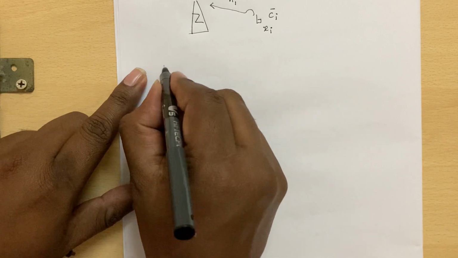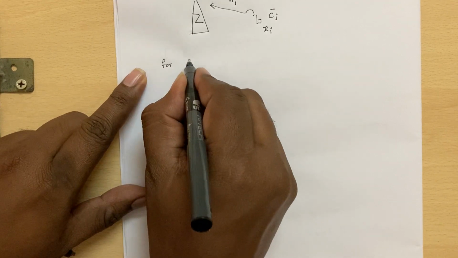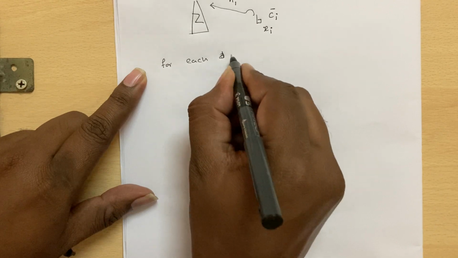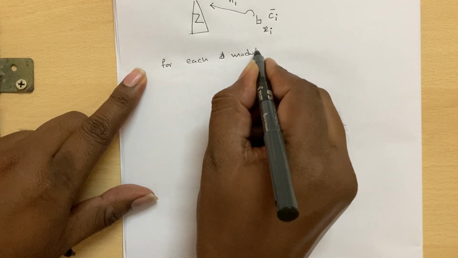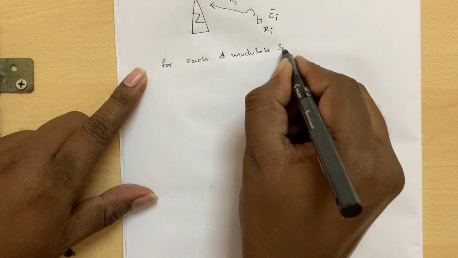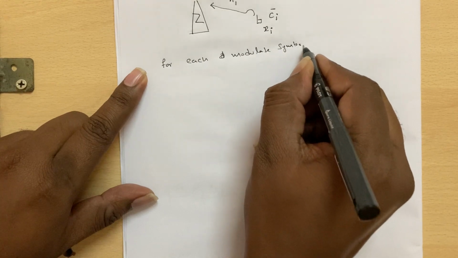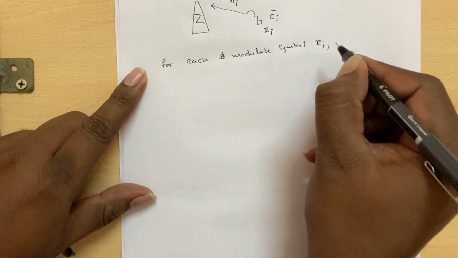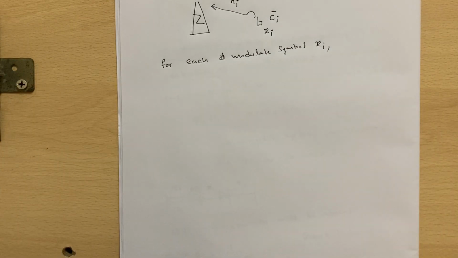So for each modulated symbol Xi, we are talking about uplink. You can also extend the discussion for downlink.